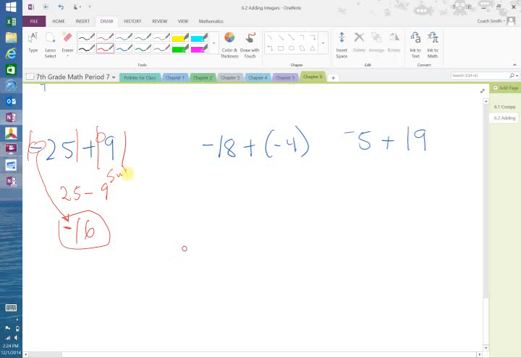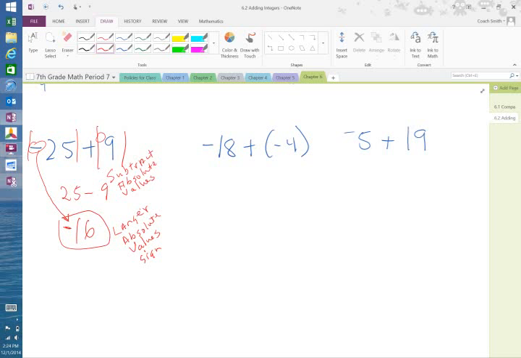Remember, subtract absolute values. Then the larger absolute value's sign.